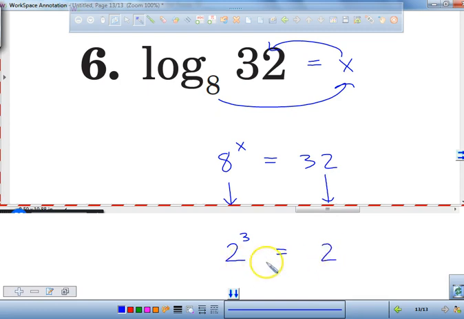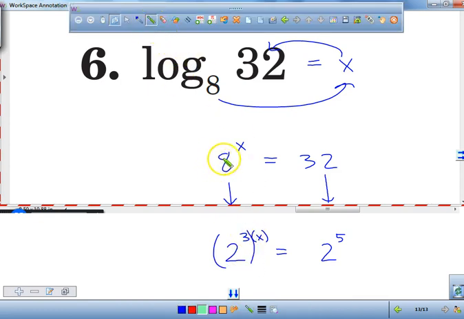I'm talking about bases for your exponents. 2 to the power of 5. So right now, 2 to the power of 3 is definitely not equal to 2 to the power of 5. So what do I have to drop down? I have to drop down this x. Okay? So understand, right now, I have converted the number 8 to 2 to the power of 3. I have converted the number 32 to 2 to the power of 5.